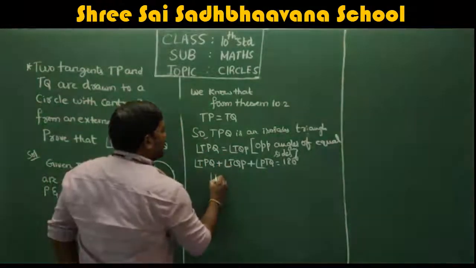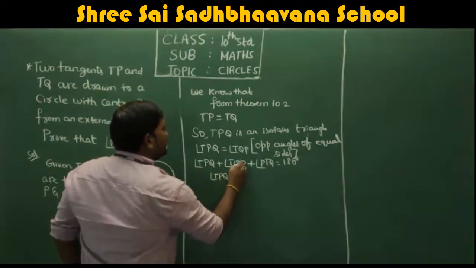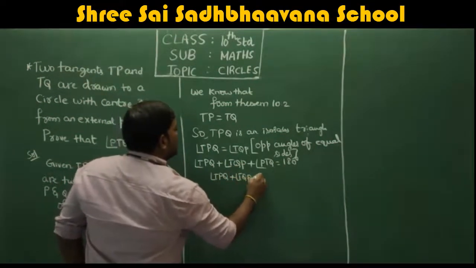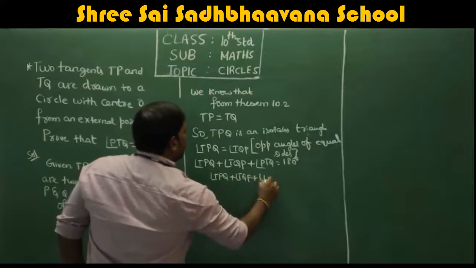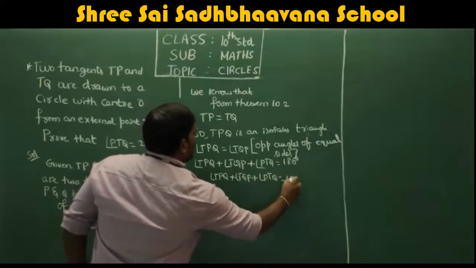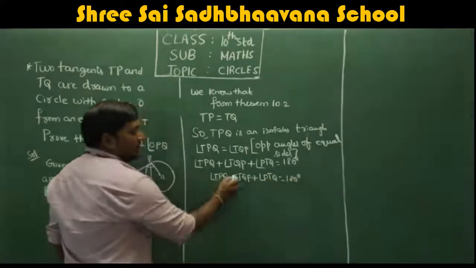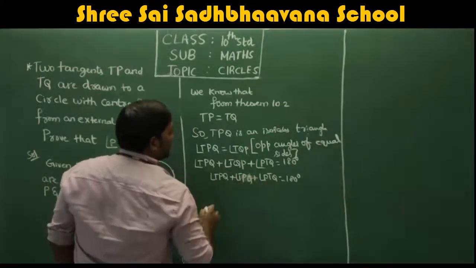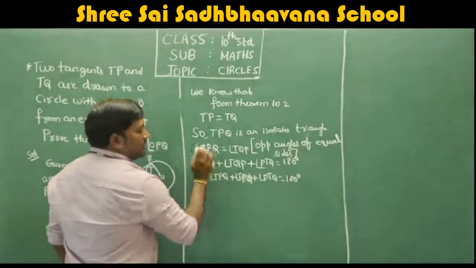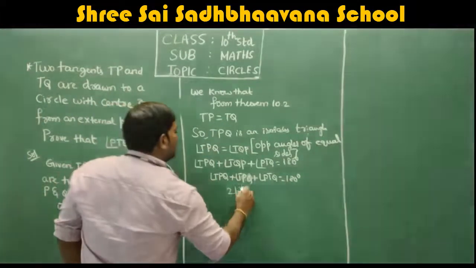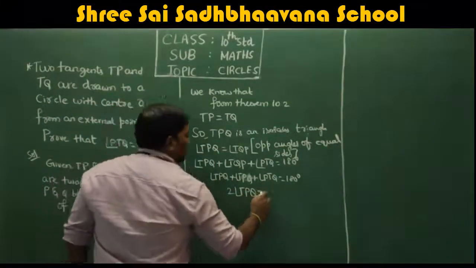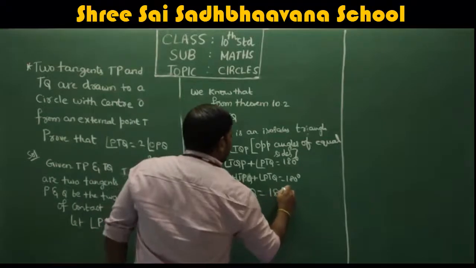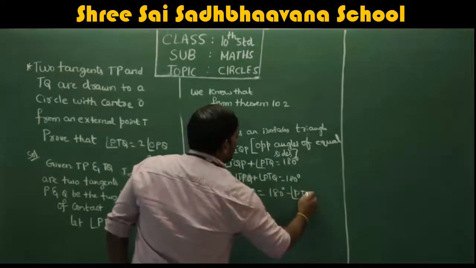So TPQ plus TPQ plus PTQ is equal to 180 degrees. The same angle is repeated twice, so we replace TQP with TPQ. So can I write 2 times TPQ is equal to 180 minus angle PTQ.